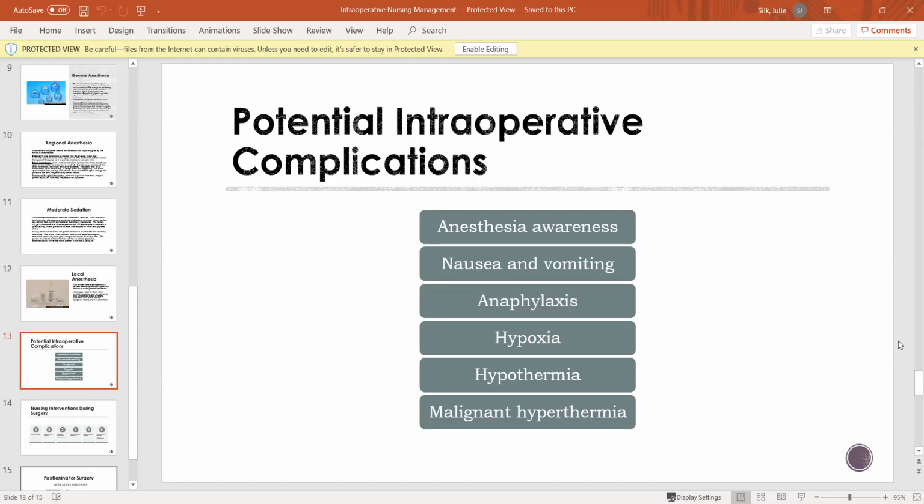So if you ever saw this happen, you would see an increase in blood pressure, an increase in heart rate, and you would also start to see the patient move. So pre-medication and amnesiac agents and avoidance of muscle paralytics are usually what they do to try to prevent this from happening.